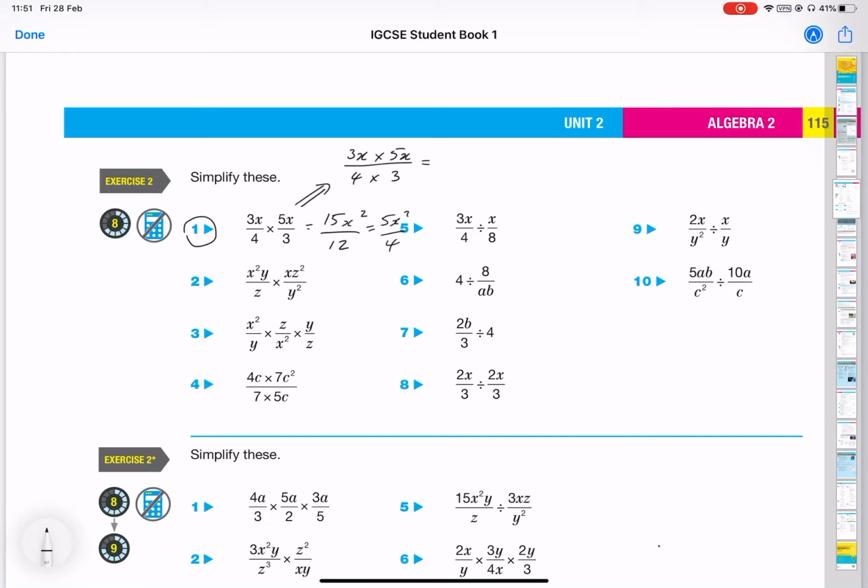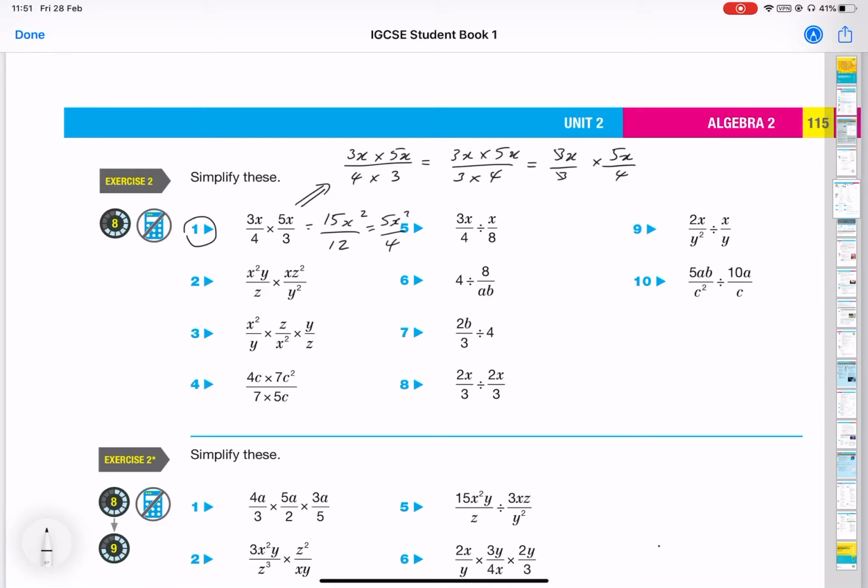But then I can also rewrite that as 3x times 5x over 3 times 4. And then I'm going to split it back up into the two fractions. 3x over 3 times 5x over 4. Now, it's very easy to see that the 3's are going to cancel out, and the x's we just have to put back into the question.